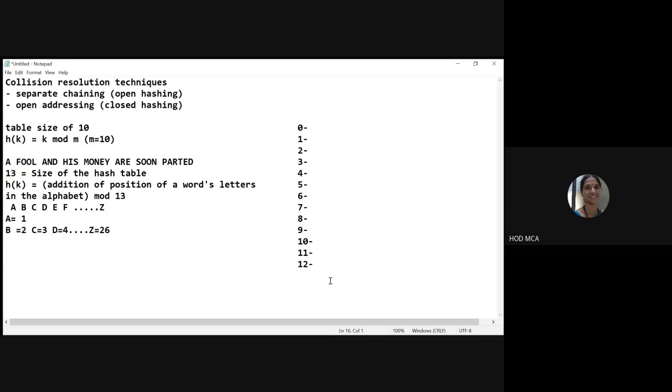So now you are given 13 positions. Now we have to see where we can store each of these.